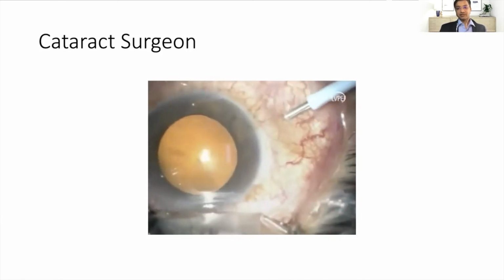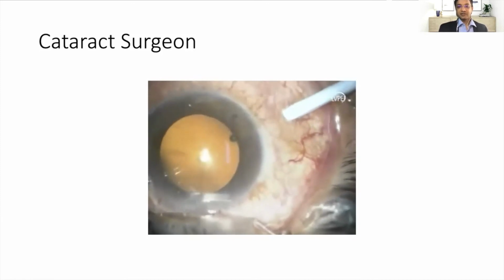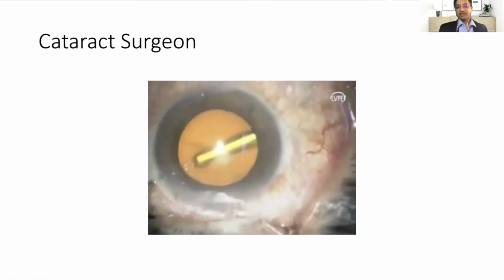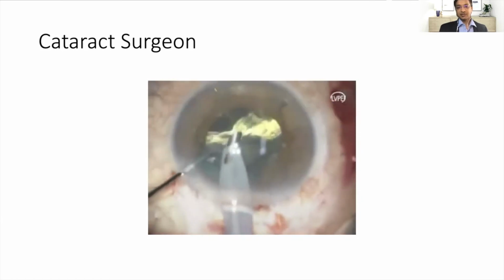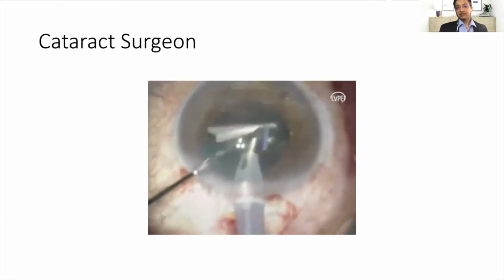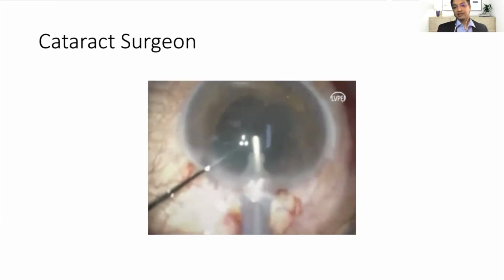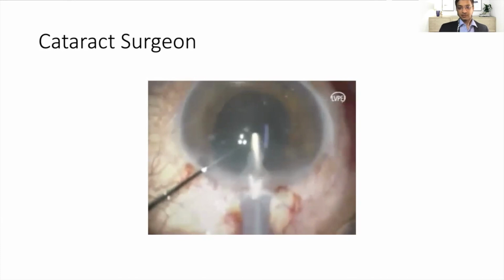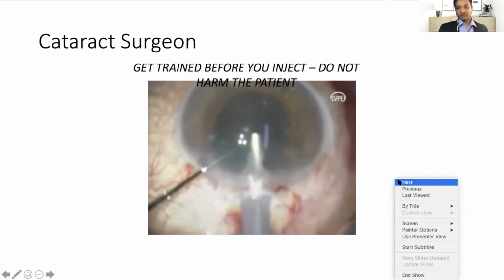As you can see here, this is an Ozurdex injection which is being given now. It went accidentally into the lens and then the phacoemulsification is starting. The surgeon had not realized for a long time that the Ozurdex was intralenticular, and the Ozurdex has been emulsified along with the lens. So you must get trained before you inject.